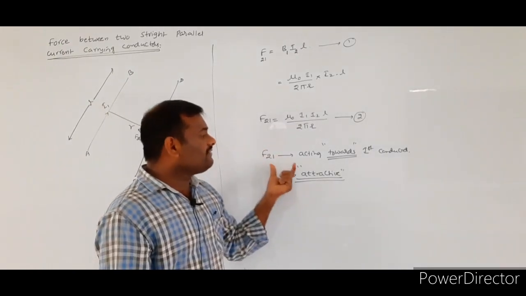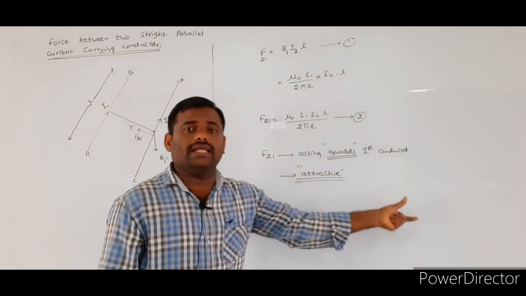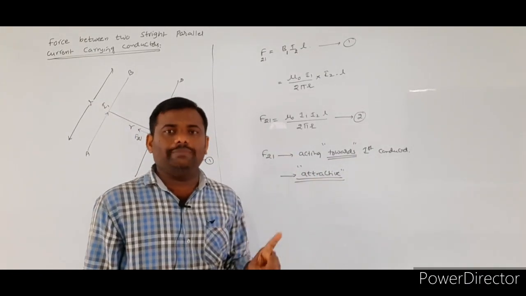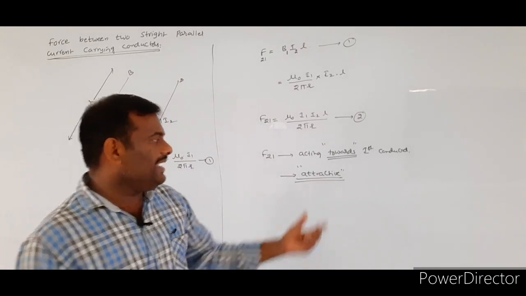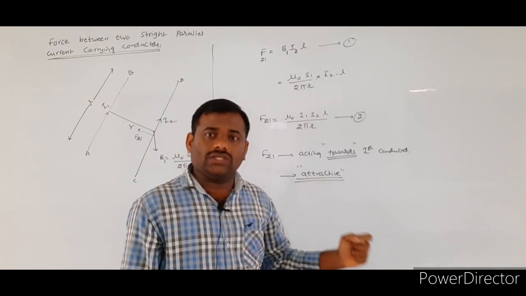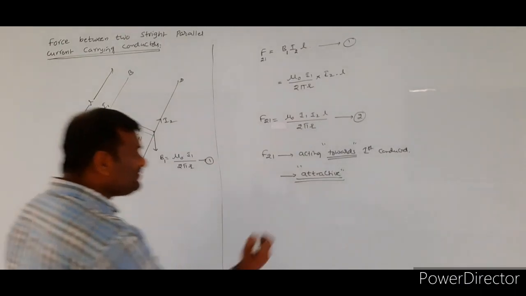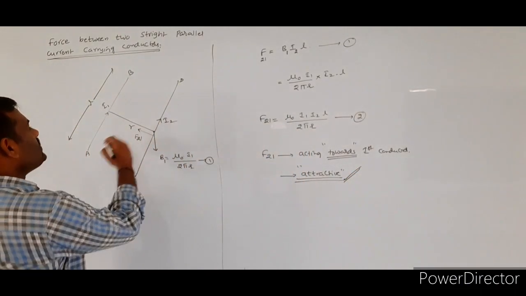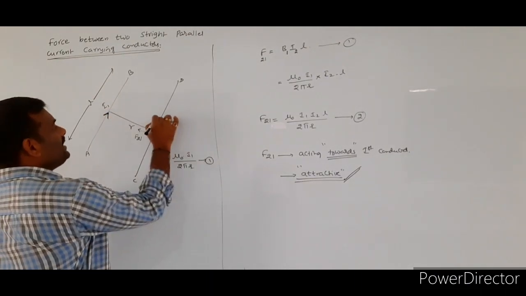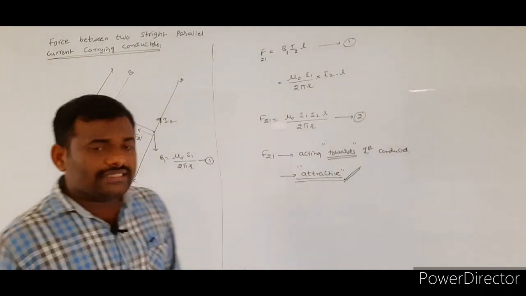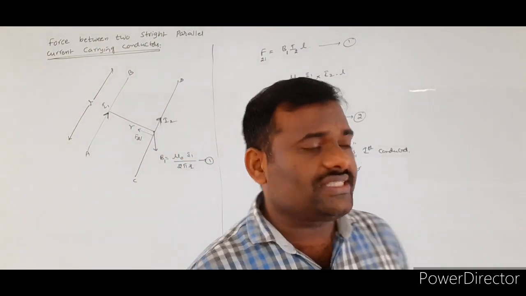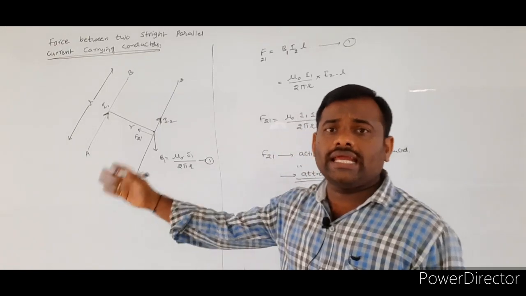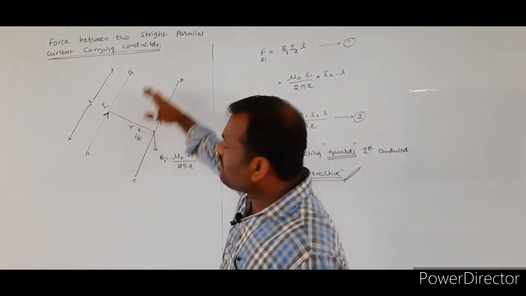That means whenever the force is acting towards the first conductor, the nature of the force will be attractive. So here, initially we assumed that the directions of the current in the given two current carrying conductors will be along the same direction.